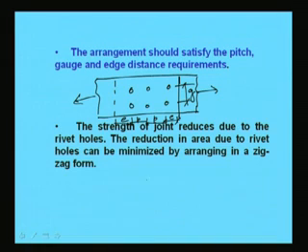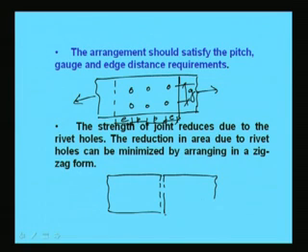That means, suppose we have two plates, this is one plate and another plate is joined through some gusset.